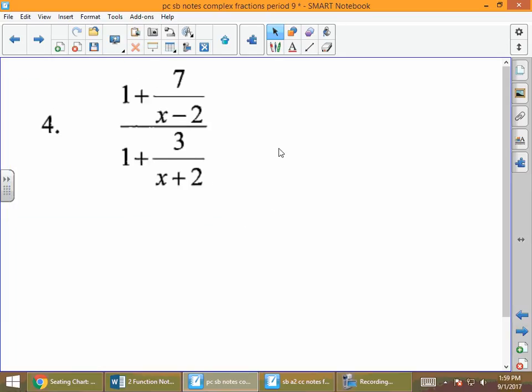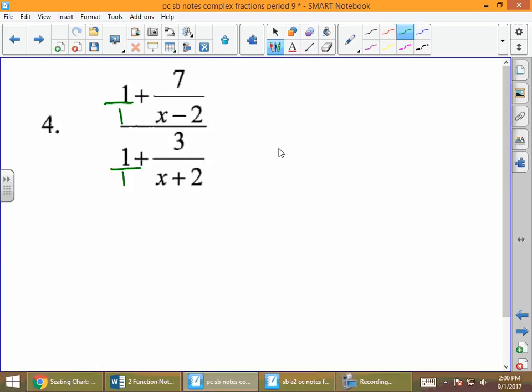This is 1 over 1, and this is 1 over 1. If you like the adding method, add the tops together, add the bottoms together, and then divide, that's fine. I just want to show you one more here to give you an alternative.